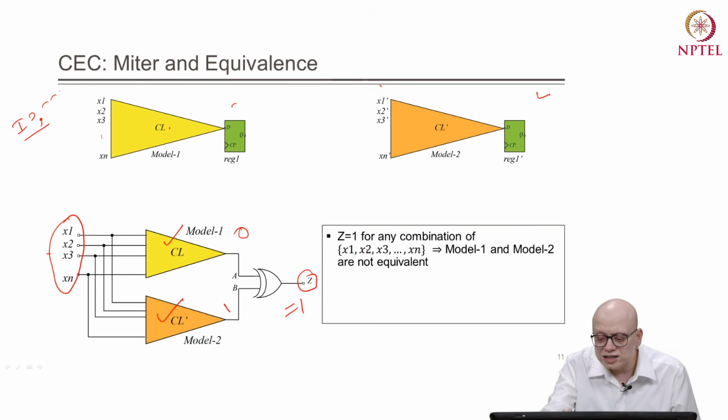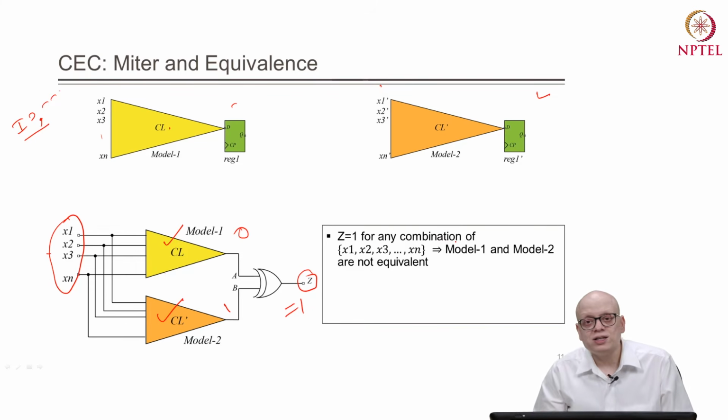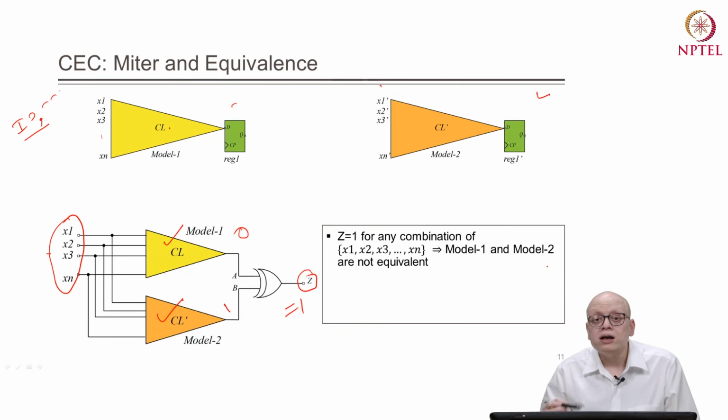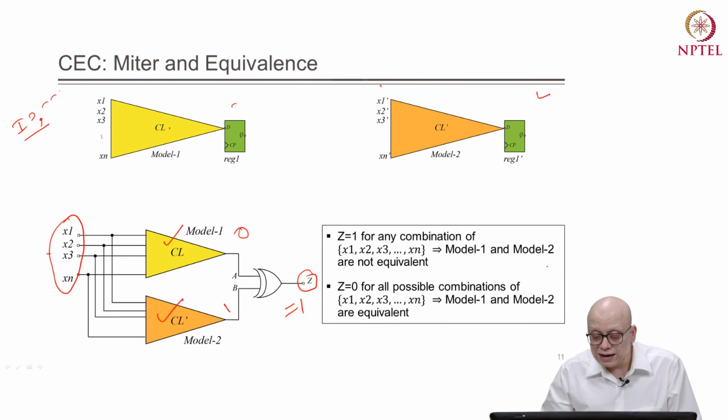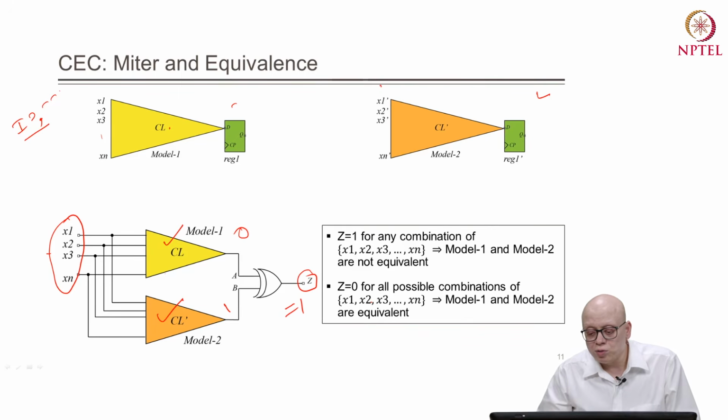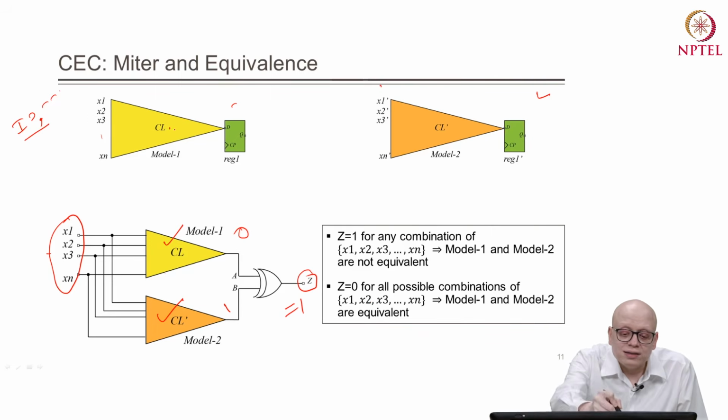So, if Z is equal to 1 for any combination of inputs, model 1 and model 2 are not equivalent. And if Z is equal to 0 for all possible combinations of x1, x2, x3, xn, then we can say that model 1 and model 2 are equivalent in terms of this logic cone.